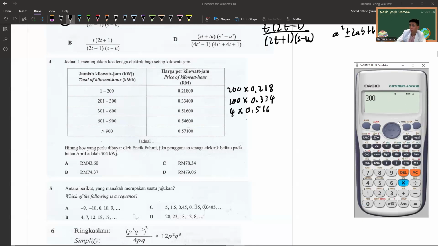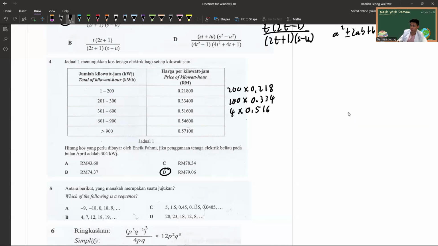So it means 200 times 0.218 plus 100 times 0.334 plus 4 times 0.516. Just like that. So we get 79 ringgit and 6 cents.